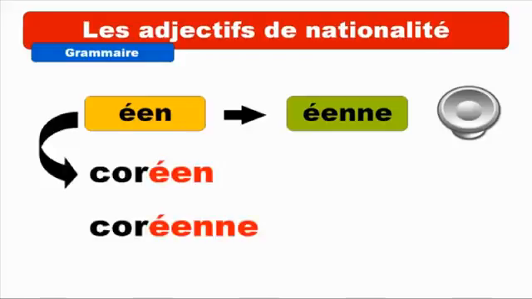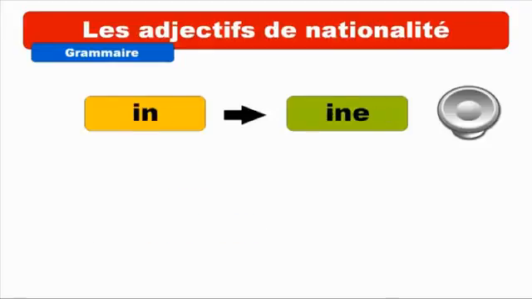So let's have an example now. It's coréen. Okay, repeat, coréen. And then the feminine form is coréenne. Repeat, coréenne. Okay. And then we've got un.